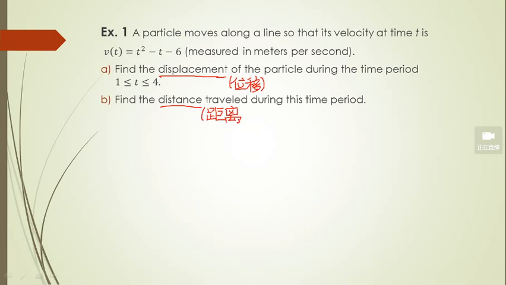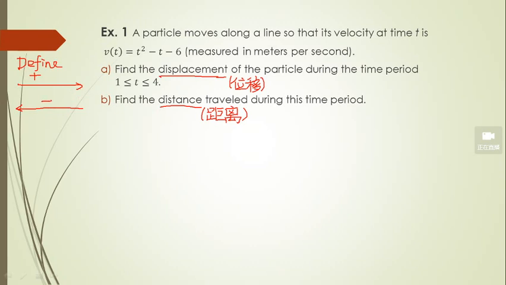When we talk about displacement or the position, it means we define the positive and the negative. We have the direction. Usually we will define from left to right as positive. So if the object moves from the right side to the left, that will be negative, right?